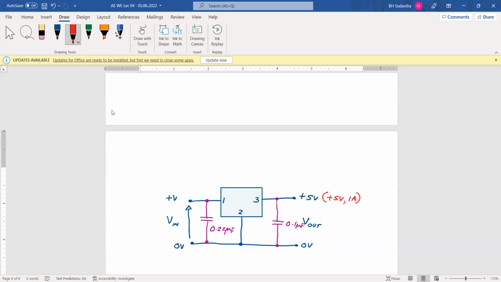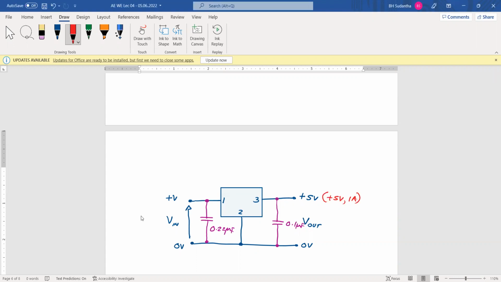On this side, I'll check the data sheet for the maximum voltage you can give here. Normal voltage is 5 volts, and the maximum is 35 or 40.